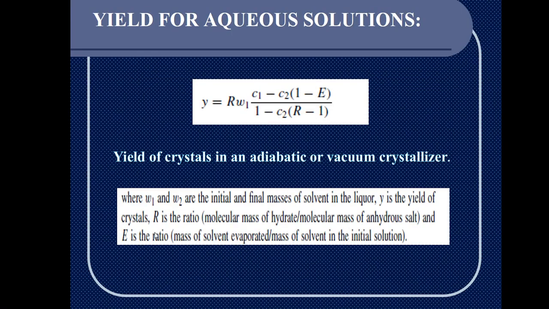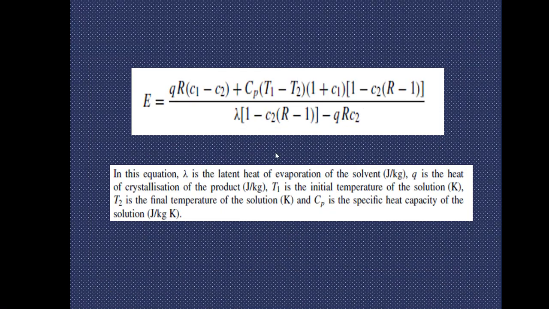Now, if the E is not given in the problem, the ratio of the mass of the solvent that was evaporated to the mass of the solvent in the initial solution, it could be solved using this particular formula. This particular formula, however, has an added requirement because in some problems, a simple material balance as illustrated in your textbook, Janku, will not work.